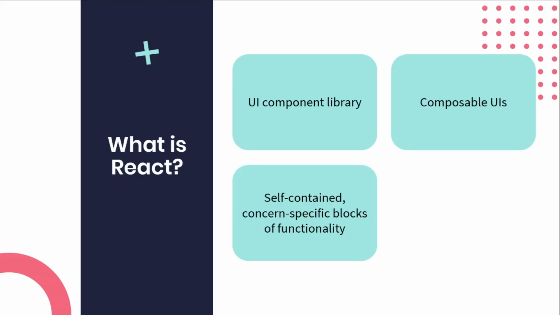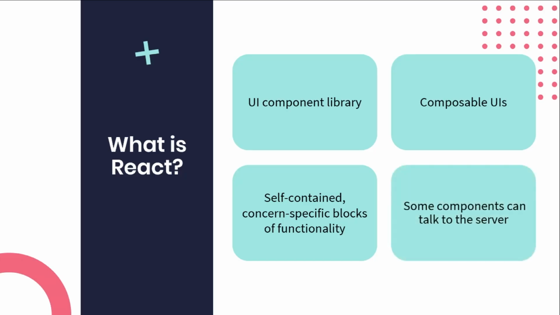For example, there could be components for date picker, captcha, address, and zip code elements. Such components have a visual representation and dynamic logic. Some components can even talk to the server on their own. An example of this would be an autocomplete component, which might fetch the autocompletion list from the server.